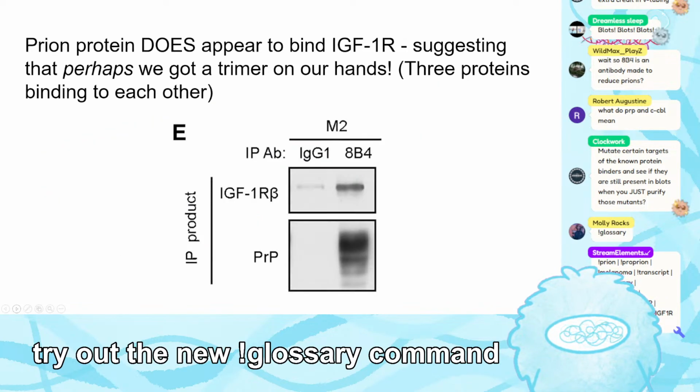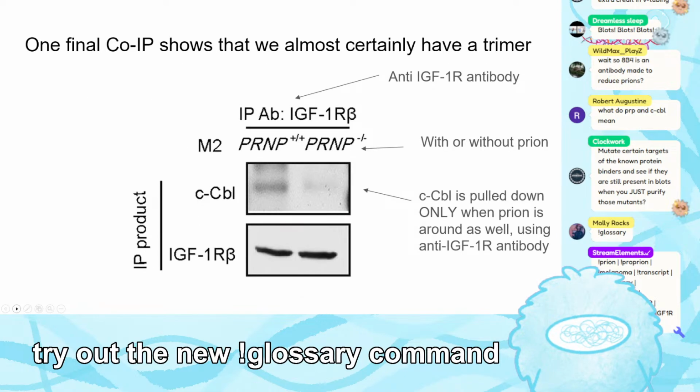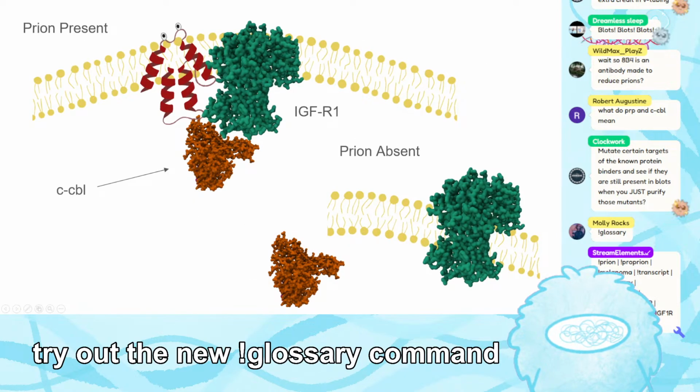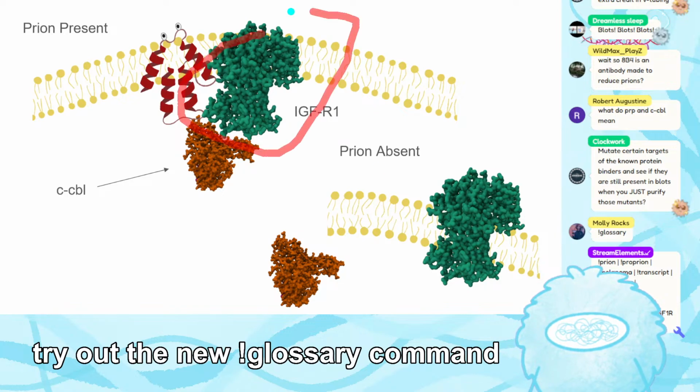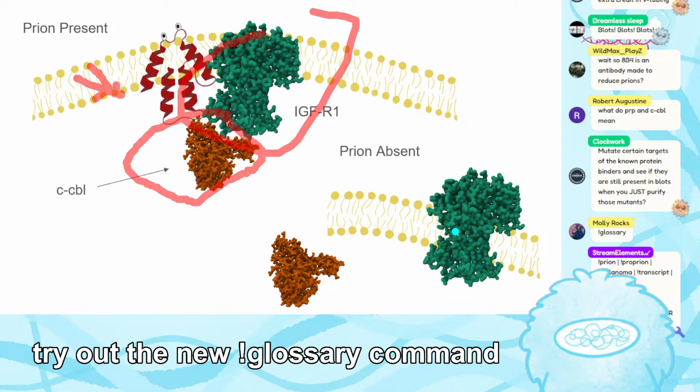Yeah, so the question that we want answered is this is how we know that this is an actual tripartite interaction. When the prion is genetically present, when the cell is making prions, you can use the prion antibody to fish out both of these proteins, right? Using the antibody against this allows you to fish out both of these proteins, which is great.